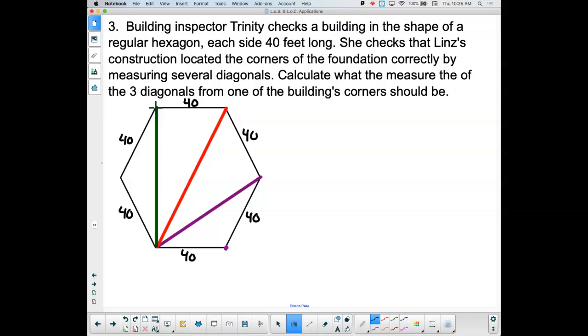Yep, I agree with that. That green and purple are going to be the same because the two triangles are congruent. Okay, what else do we know? Okay, what is it? So you're saying we can figure out the angle right there? Okay, how am I going to figure out that angle?